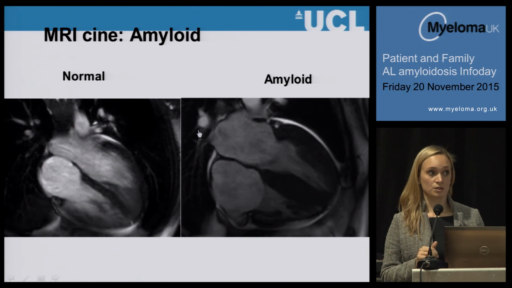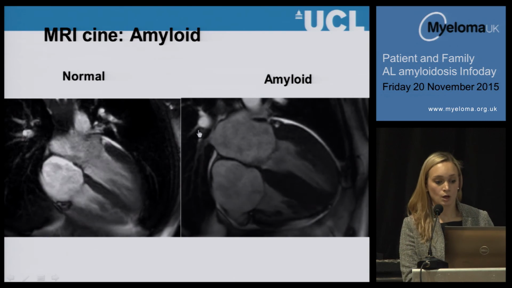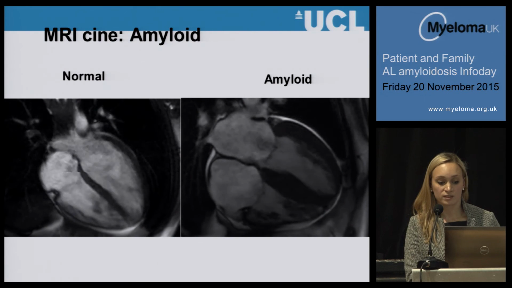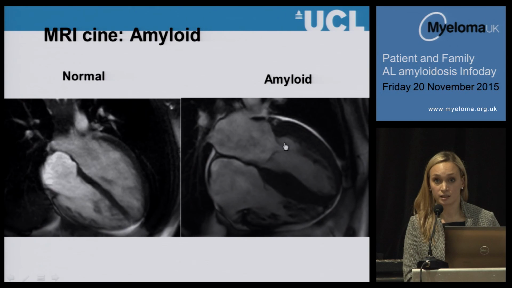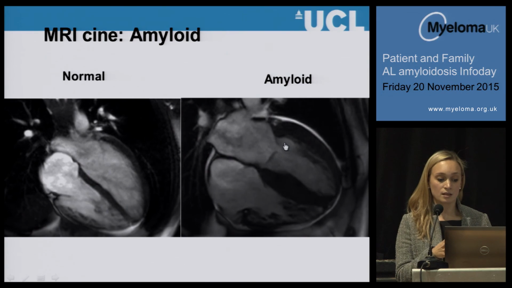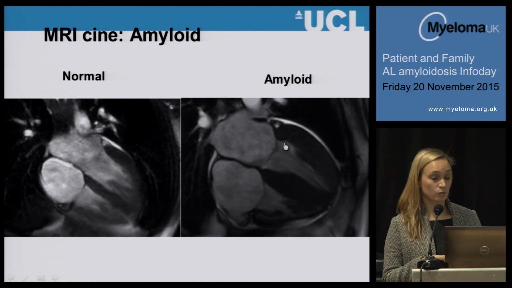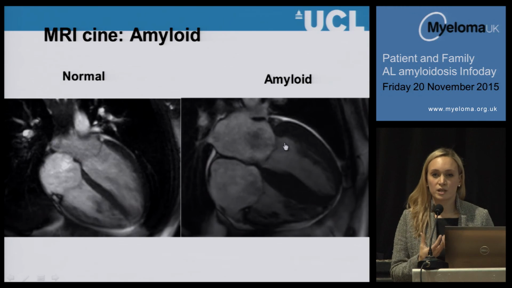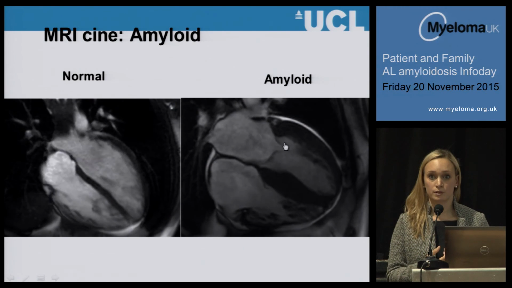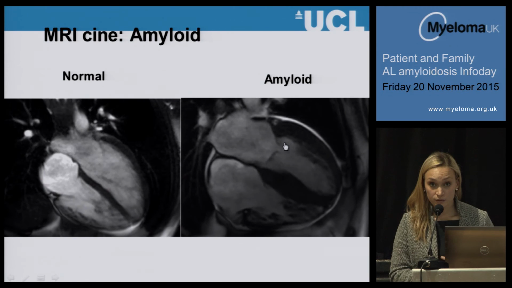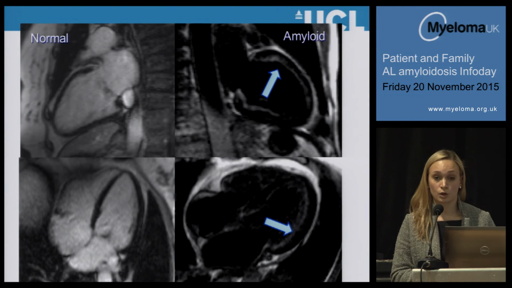However, these pictures don't answer the main question: what is the reason for this very severe thickening? These pictures give us much more accurate information than the echocardiogram, but the information is not substantially different. What makes the difference is the administration of the contrast.